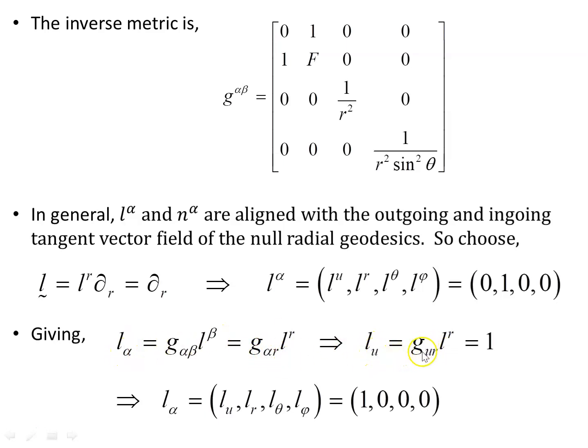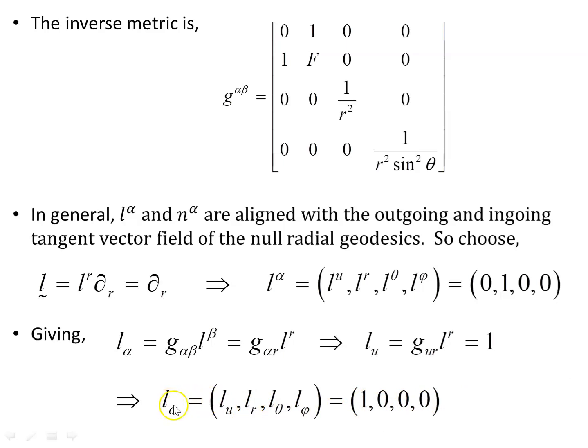So l_u equals g_ur l^r. And when we look, we see that if l^r is 1, and this term here in the metric on the previous slide was 1, that just gives us 1. So in the lower position, l lower alpha, is this object here. l_u is 1 and all the others are 0.